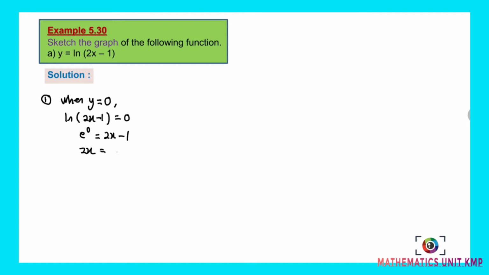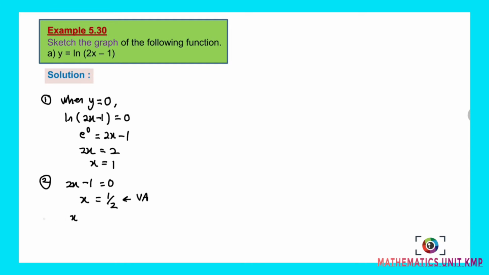Rearranging the function, dia akan dapat x equal to 1. e^0 is 1, ya, don't forget. The second step, find the vertical asymptote. So the function is only 2x minus 1. So the vertical asymptote is x equal to half. VA is vertical asymptote, ya.